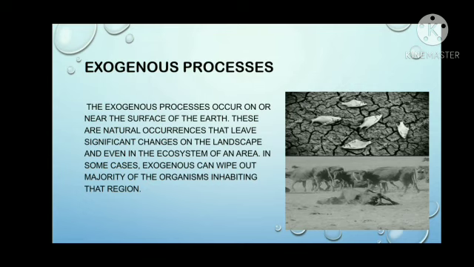The exogenous processes occur on or near the surface of the Earth. These are natural occurrences that leave significant changes on the landscape and even in the ecosystem of an area. In some cases, exogenous processes can wipe out the majority of the organisms inhabiting that region. Another example, in terms of weathering, is a long drought or the El Niño phenomenon.